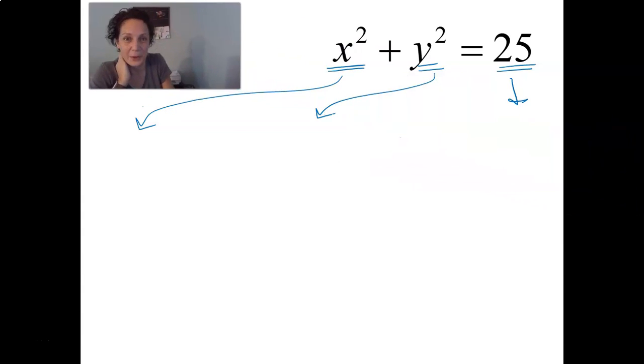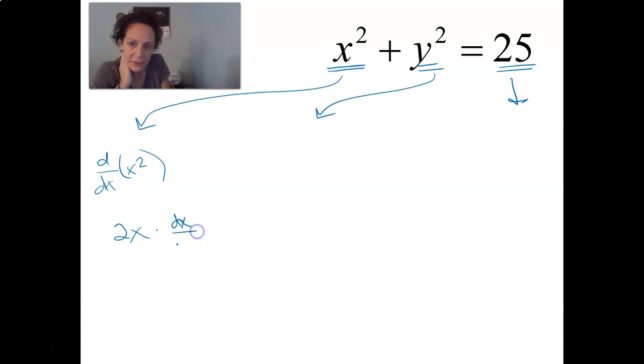All right, so the derivative of x squared with respect to x is going to be normal old boring 2x. The layer we're adding for implicit is that since I took the derivative of an x term with respect to x, I'm going to tack on dx dx.